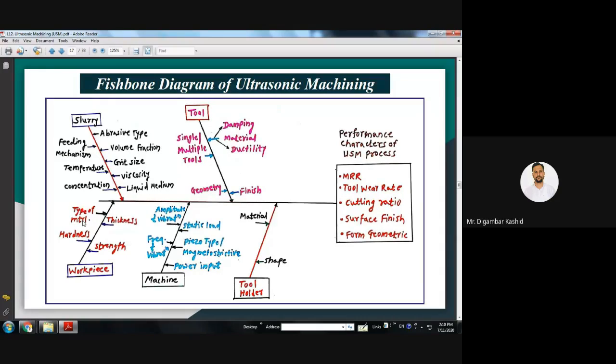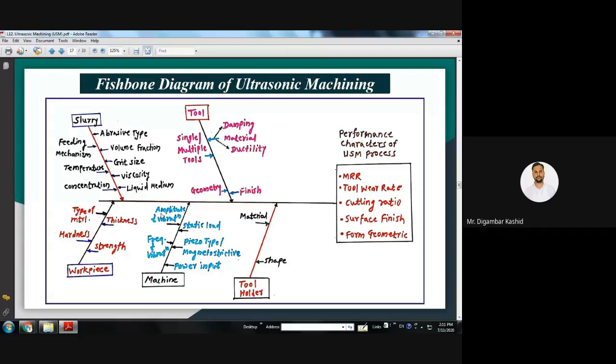That should be considered, because according to the hardness of the workpiece, you have to select the type of the abrasive particle. Then what is the thickness of the workpiece, and what is the strength of the workpiece material? These will also affect the performance of this ultrasonic machining process.